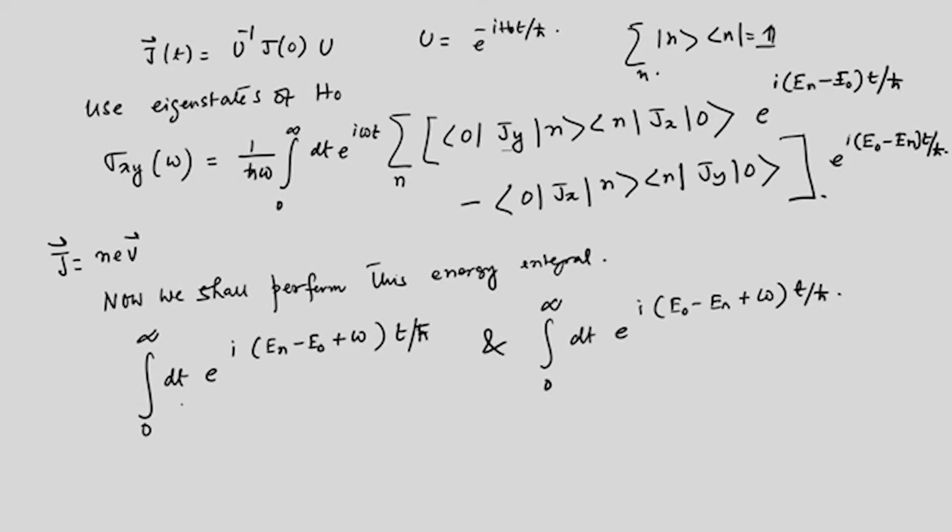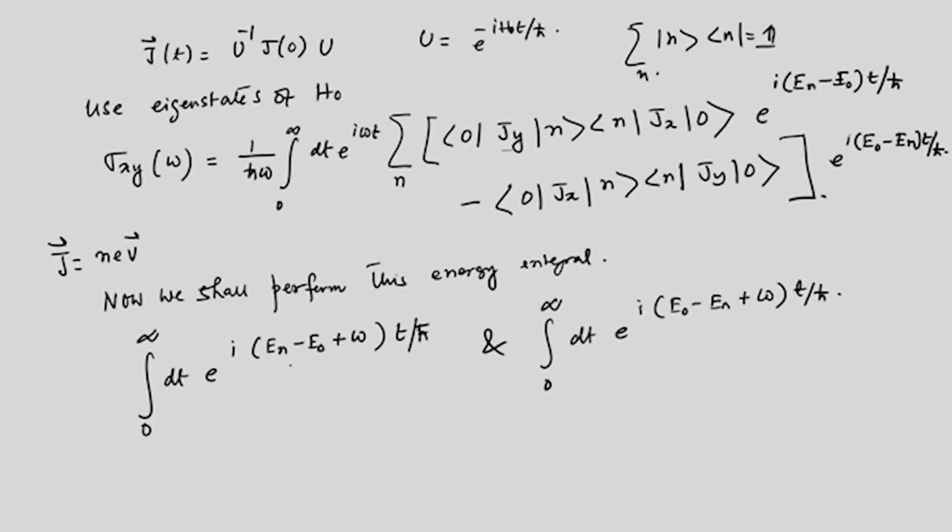Okay. So you have these integrals that you have to perform, and these integrals will diverge at infinity because these are exponential integrals. So the standard technique for calculating these integrals such that they don't diverge is by introducing a little bit of damping. Okay. So let's say that these are E n minus E0. Whenever you have these, if you just perform the bare integral, it will go to infinity.